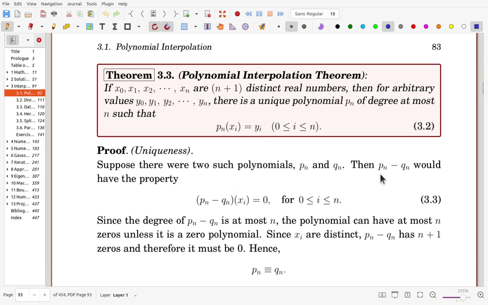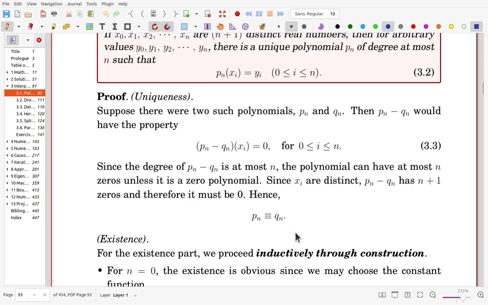Once we start with Pn minus Qn, then again, Pn minus Qn is nth order polynomial, and at n plus 1 points, the value is 0, which means that this polynomial must be completely 0, so that Pn and Qn must be identical. For existence, okay, in mathematical theory, uniqueness and existence, the uniqueness proof is relatively easy.